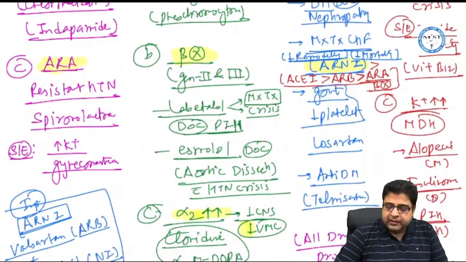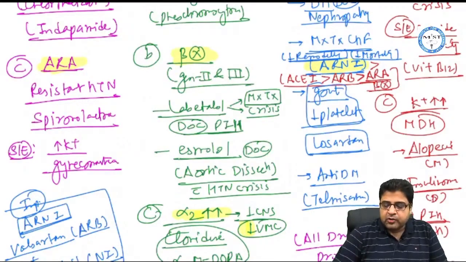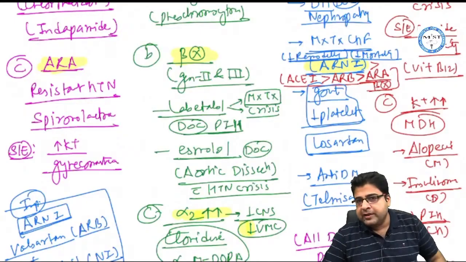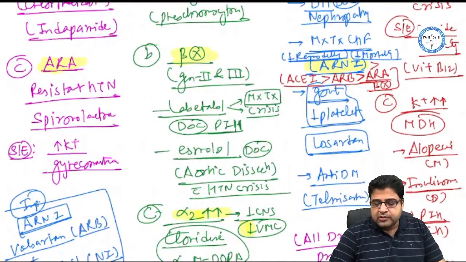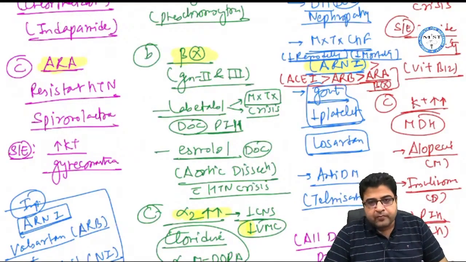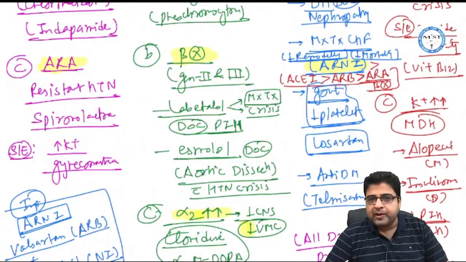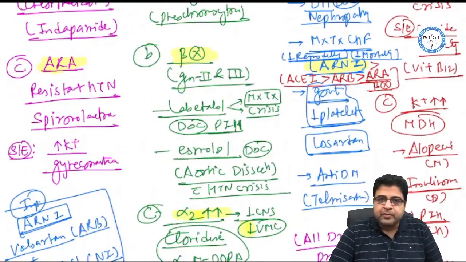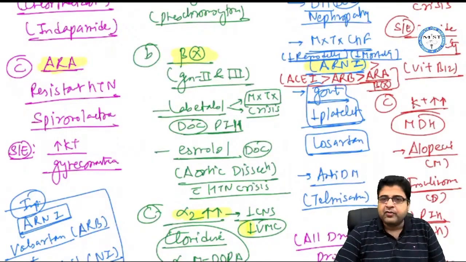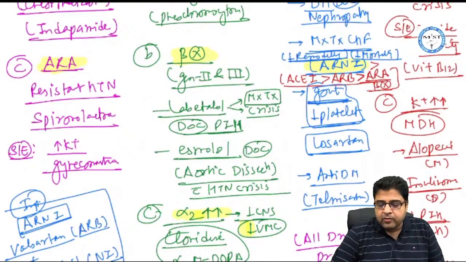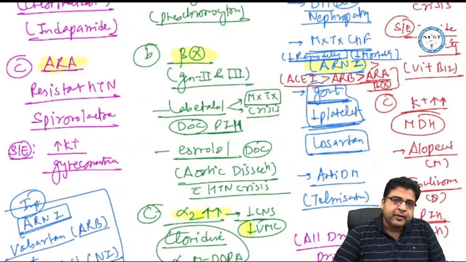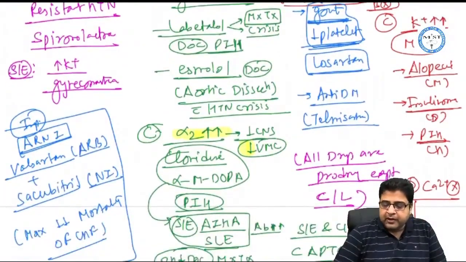Now, apart from that, there is a drug losartan here. Losartan is a type of ARB, angiotensin receptor blocker, which is also given for the treatment of gout because of its uricosuric property. So losartan has uricosuric property. It can eliminate uric acid from the body, given for gout, and also this medicine has anti-platelet property. Now we have a drug here, telmisartan.